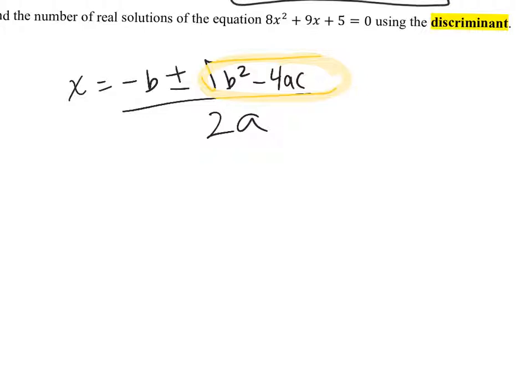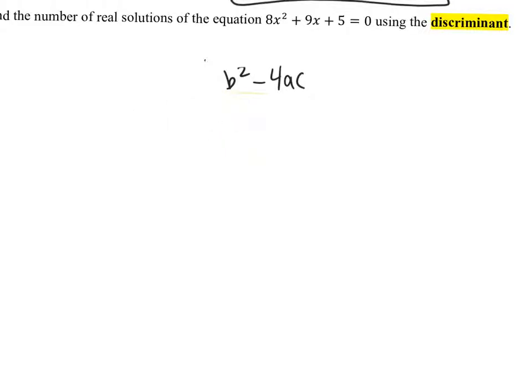That's the reason why the discriminant is the inside of the square root, which is b squared minus 4ac. So if you are asked not what are the solutions, but how many solutions you have, you don't need to use the whole quadratic formula. All you need to use is the discriminant, the inside of the square root. But you do the same thing in that you're substituting a, b, and c properly.